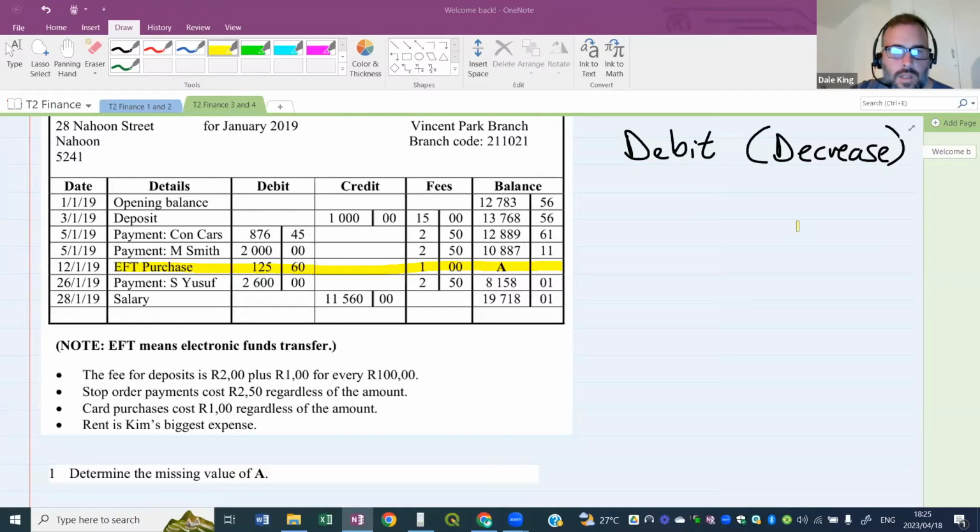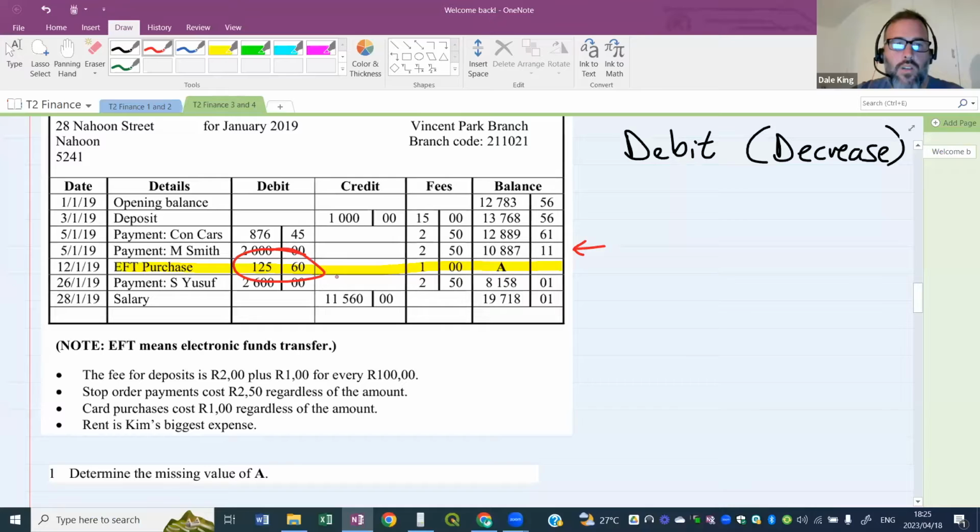All right, Kathleen, so let me see if I can help you. So we have the previous statement or the previous transaction. This is the balance there. Okay, so if you look at that little red arrow, that's the balance after the previous transactions. That's how much money is in the bank account. Then look at the yellow line. This is a new transaction now. It's a purchase. Okay, a purchase was made at a shop, and 125 Rand and 60 cents was the value of the purchase.